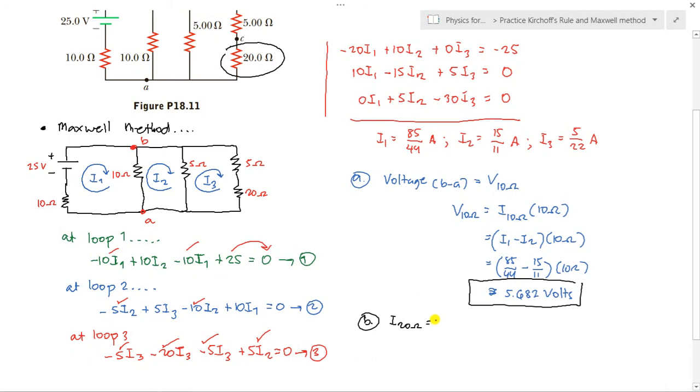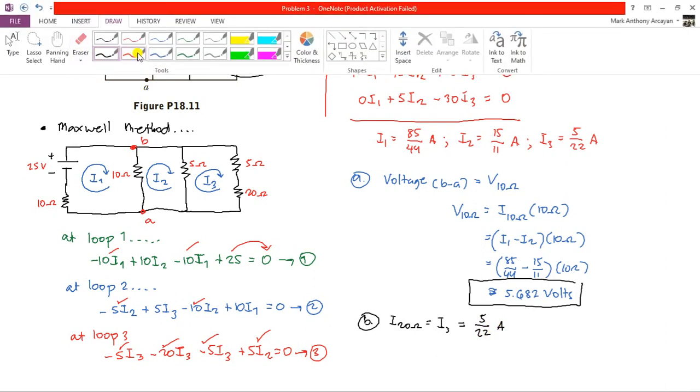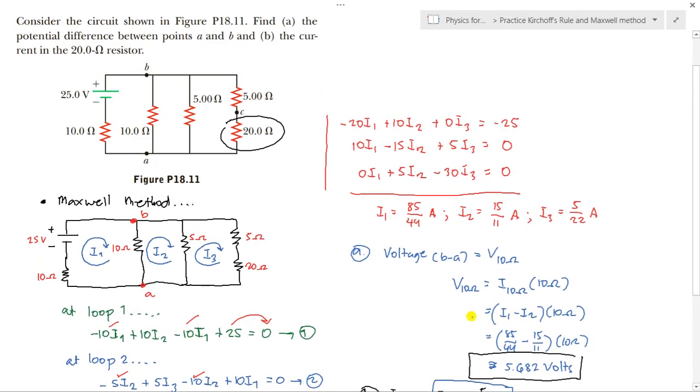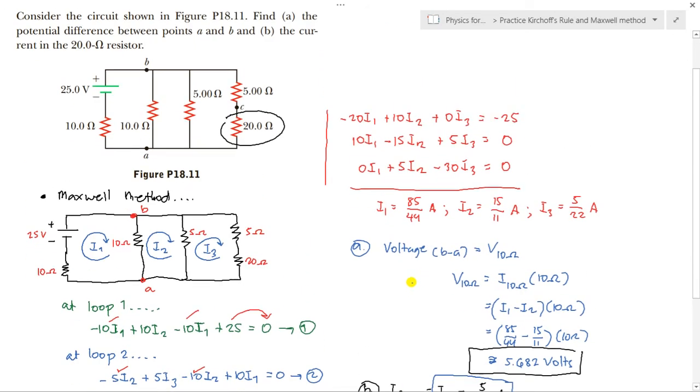Okay, so therefore I of 20 is just equal to I3, which is equal to 5 over 22 amperes. So kung kay ka sa Maxwell, dali ra jud kaayo mag-solve sa mga current.